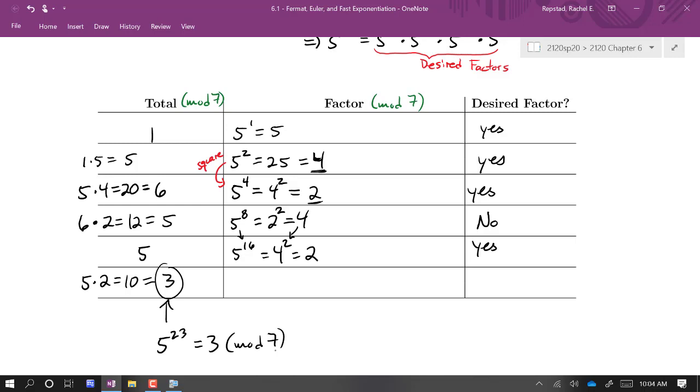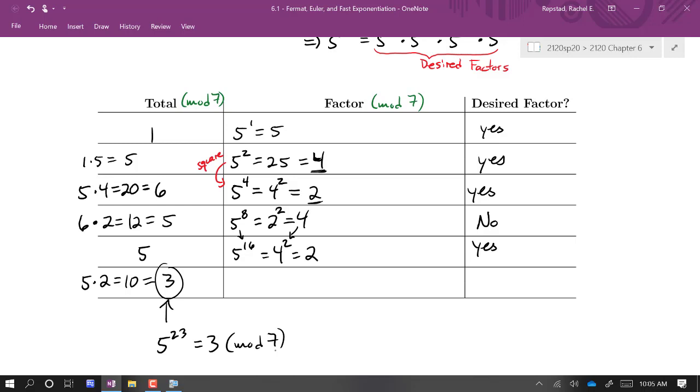Now, this technique is actually really useful because 5 to the 23rd power is quite large. Your calculator could compute 5 to the 23rd in general and express it in scientific notation, right? It's a really large number. It's so large, though, that the calculator doesn't know what its factors are.